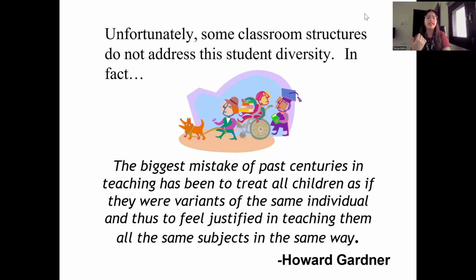So in past centuries, the teaching was done with this one viewpoint that all the children are the variants of the same individual, because of which the teaching of all the subjects was given in the same way. It was not at all differentiated, it was not at all modified. The classroom structure was not adapted according to the needs of the learners in the classes.